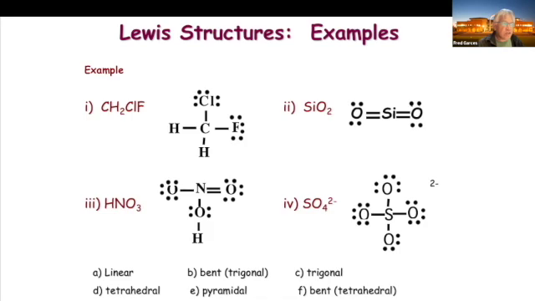This oxygen, 2, 4, 6, 8. The Octet Rule, except for the hydrogen. Hydrogen wants the duet rule. Right here, it's certainly happy with 2 electrons. In fact, it can only take 2 electrons. It's called the duet rule.